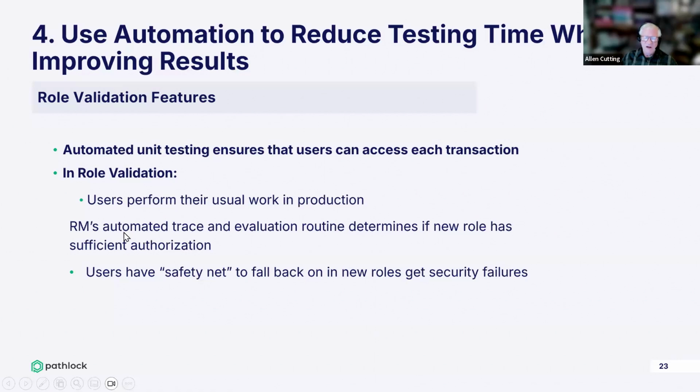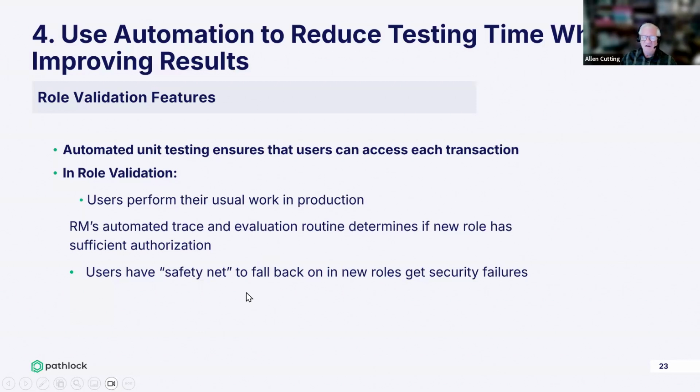Role manager has an automated trace and evaluation routine, which would determine if the new role for those users has the needed authorization that is checked when they execute a transaction. If they do not have it in the new role, that will be noted by the trace, and the users have what we would call a safety net to fall back on, which will be checked next.